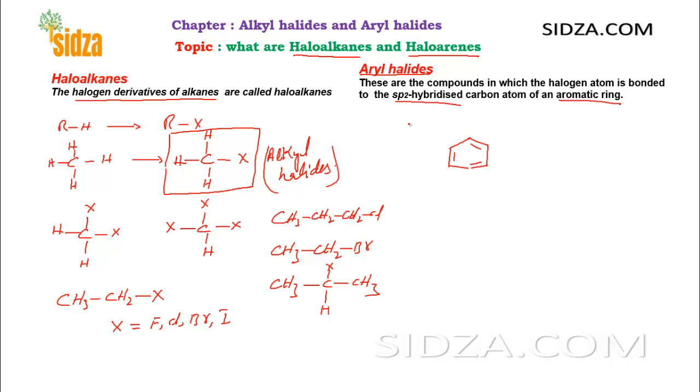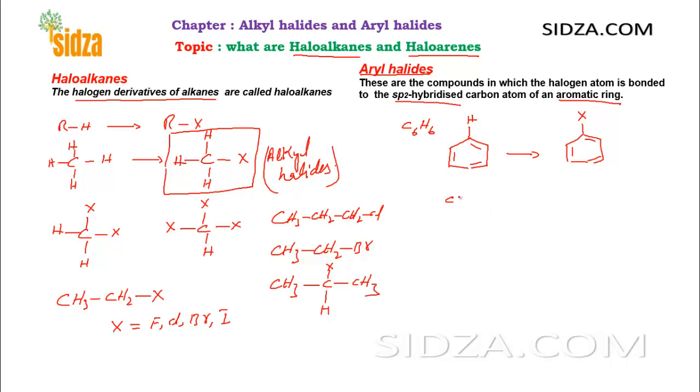You got 6 carbon atoms there, and hydrogen are 6. If you replace one of the hydrogen atoms here by a halogen, what do you get? You get an aryl halide.